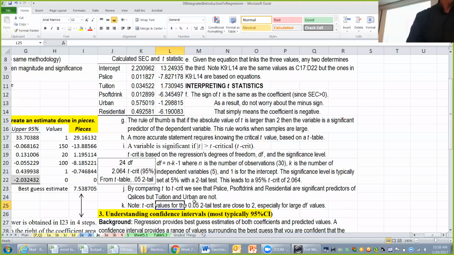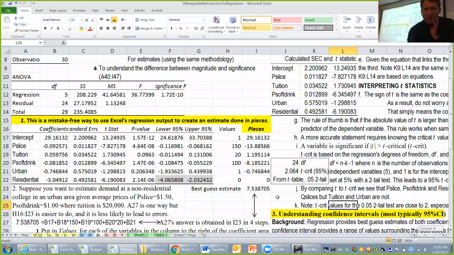So if we come back to here, our t-statistics are just cranked out for us by Excel. Use that rule of 2, we kind of ignore the sign.